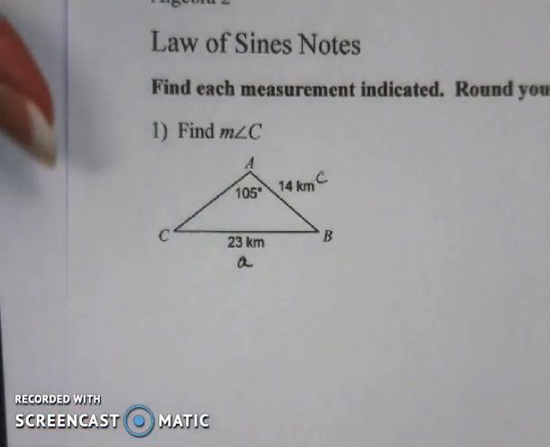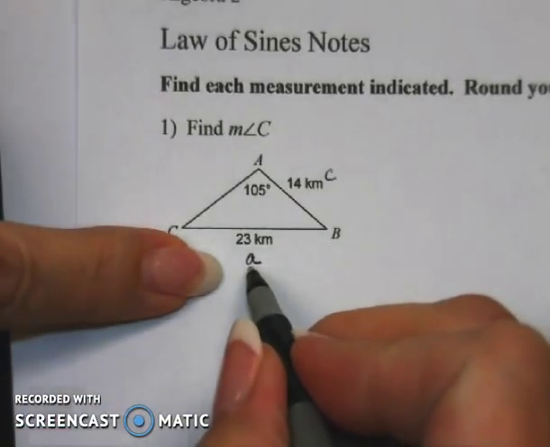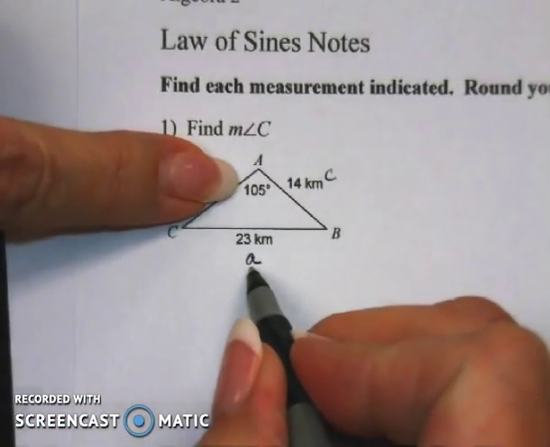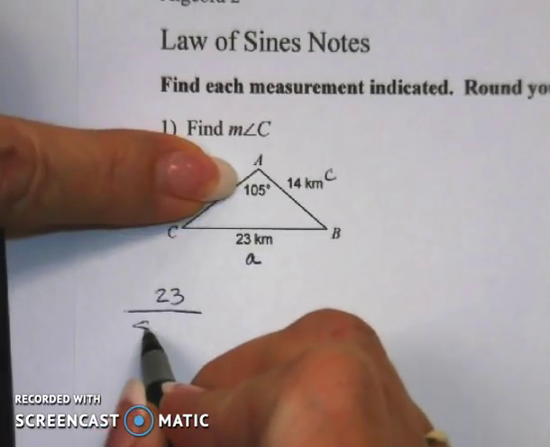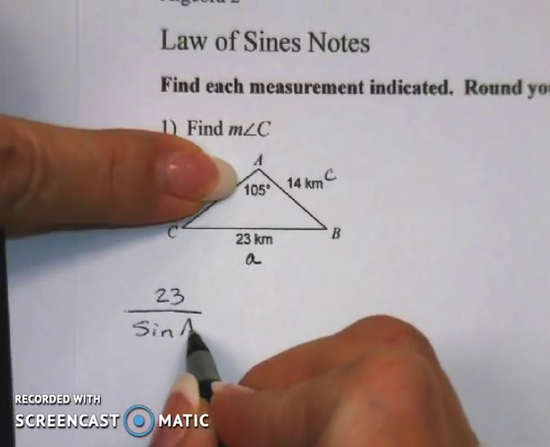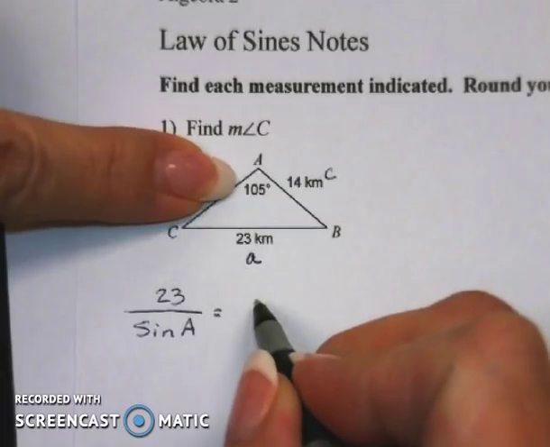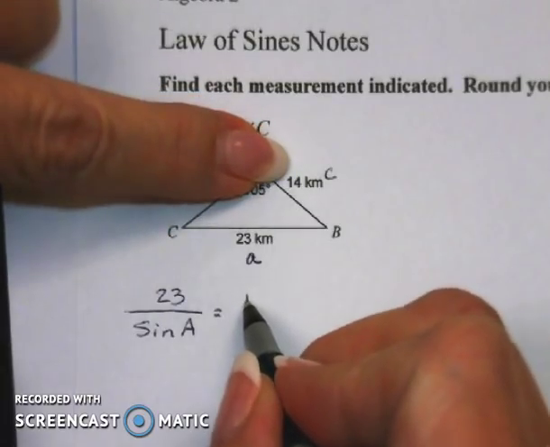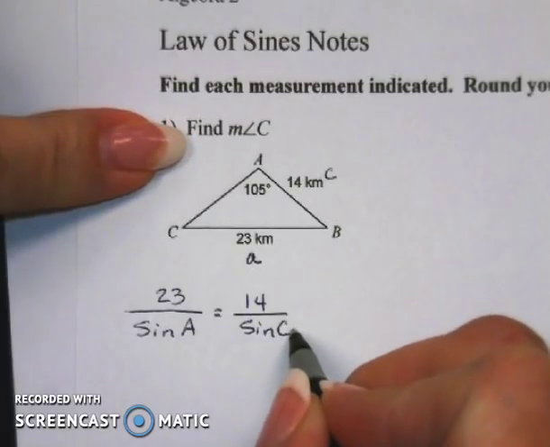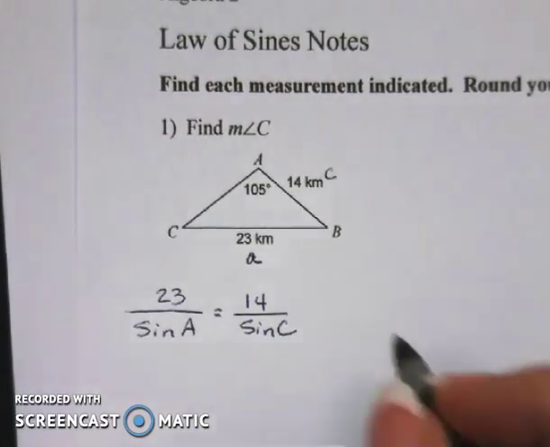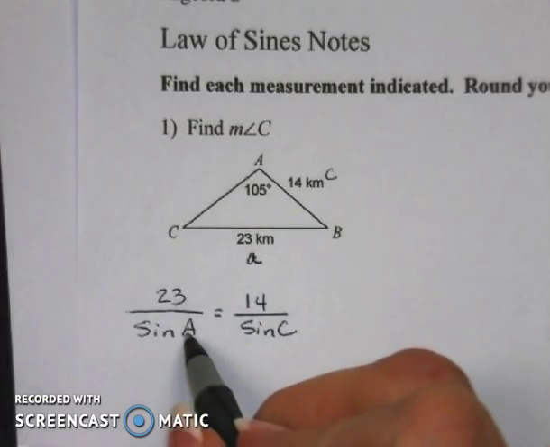Again, I'm going to use the law of sines, which says that side A divided by the sine of angle A is equal to side C divided by the sine of angle C. Well, now I do have angle A, 105, so I need to put that in right there.